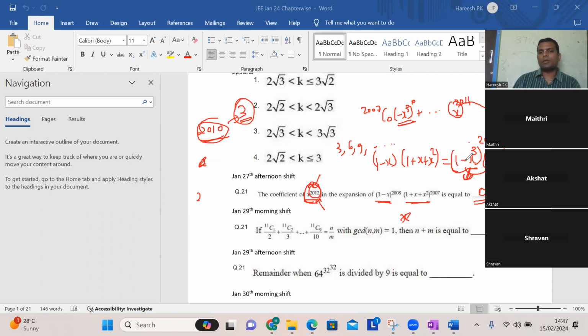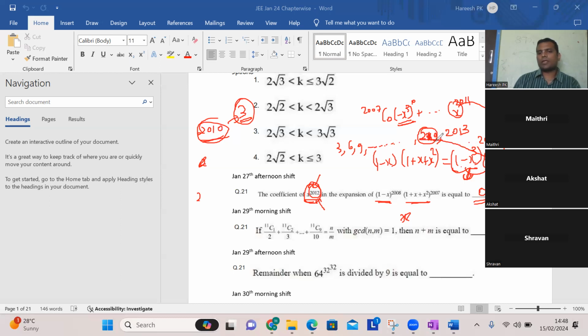That's not possible because when you expand this, you'll only get powers of 3, 6, 9, like that. So you'll get 2010, then you'll get 2013. If you take 2010 and multiply it with 1, you'll still get 2010 only.